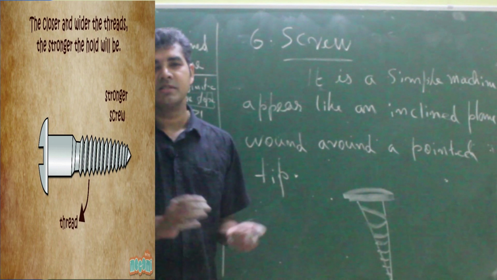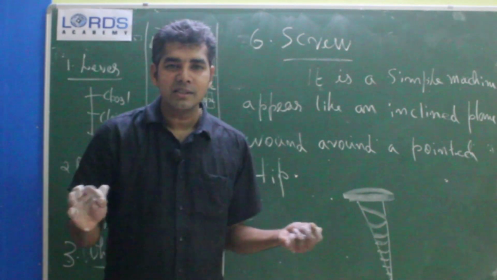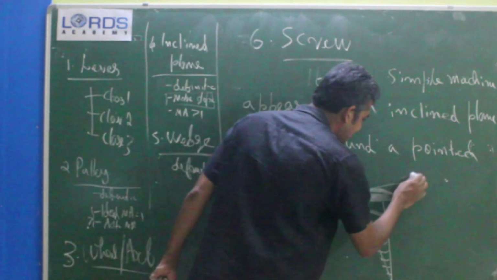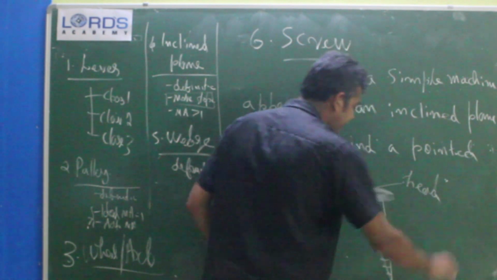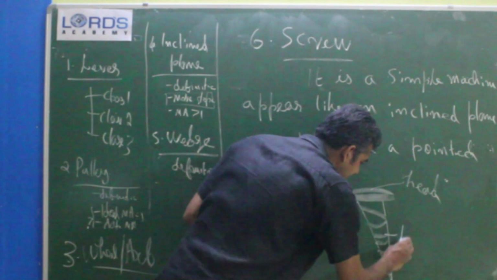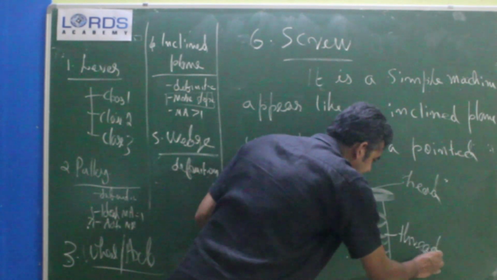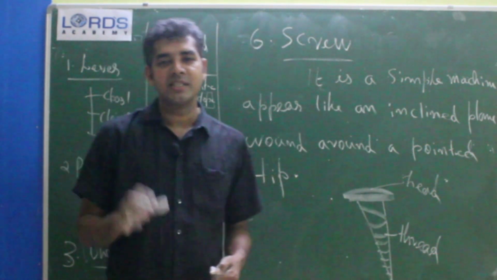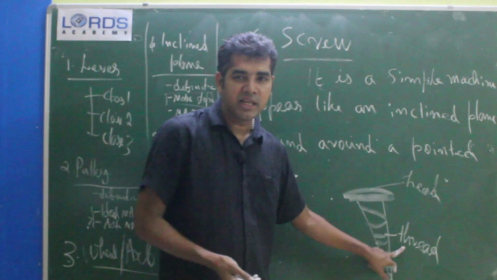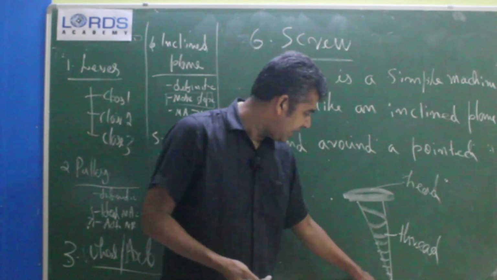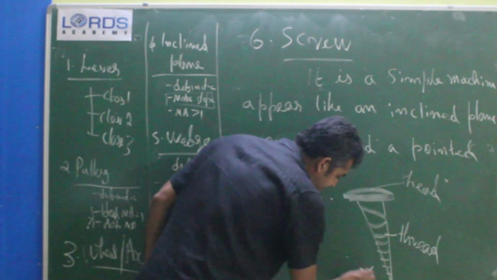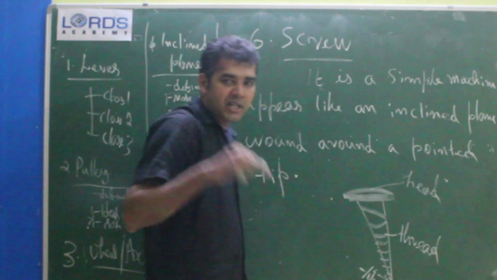Okay, that is screw. Screw has three parts. This is known as the head. This is known as the tip. This is known as the thread. Keep in mind, screw has three parts: head, H-E-A-D, thread, T-H-R-E-A-D, and tip. The tip means the final point, the sharp edge.